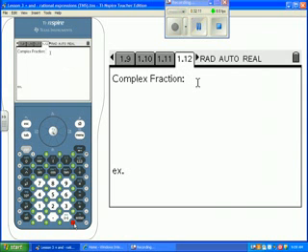A complex fraction is a fraction that has a fraction in its numerator or denominator or both.